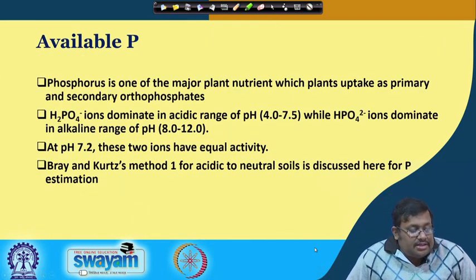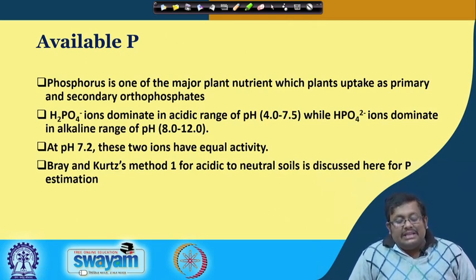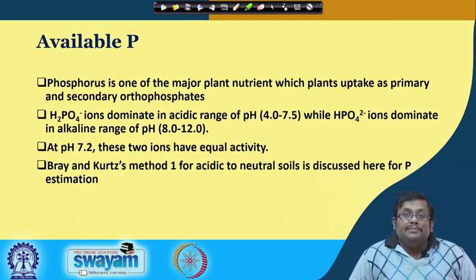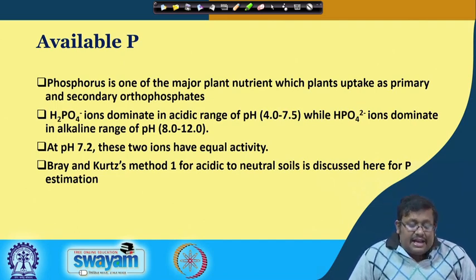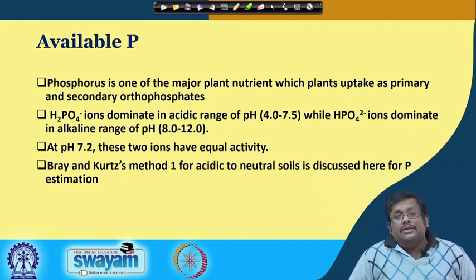The available phosphorus: obviously phosphorus is one of the major plant nutrients, which plants take up as primary and secondary orthophosphates. H2PO4 ions dominate in the acidic range, that is 4 to 7.5, while HPO4 ions dominate in the alkaline range of pH, that is 8 to 12.